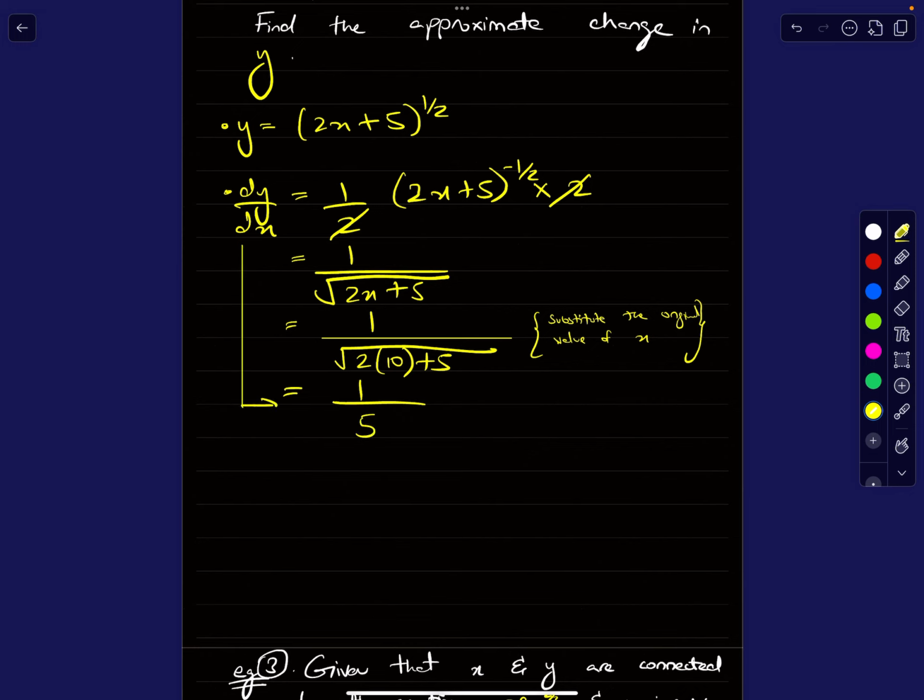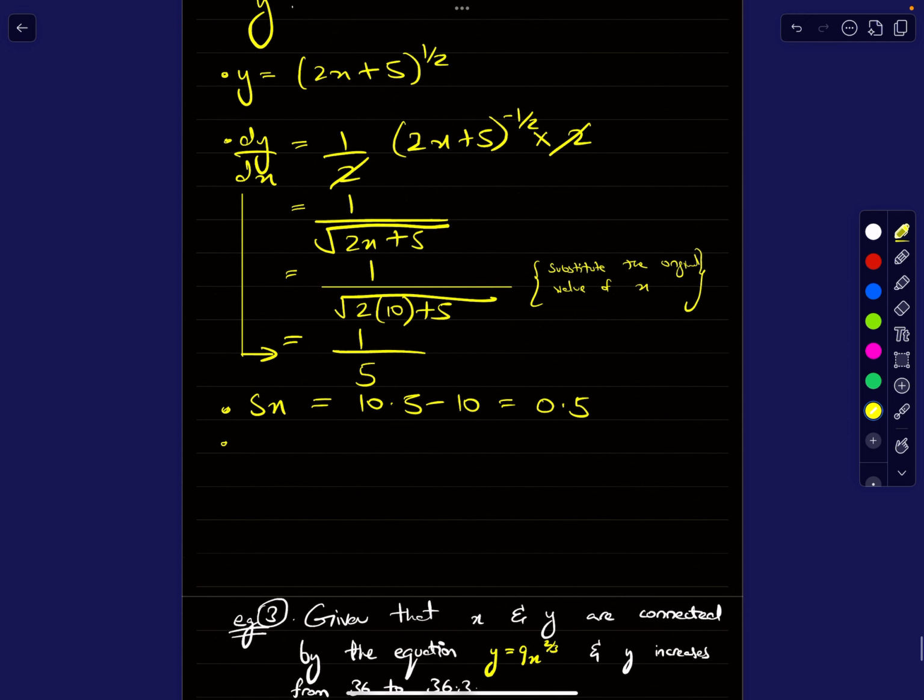So I have dy over dx, and what I need is the small change in x, which is final minus initial, 10.5 minus 10, so I have 0.5. Finally, again use the formula to calculate the small change in y, dy over dx into small change in x.